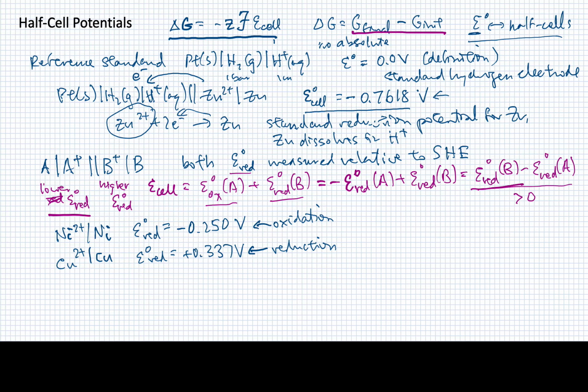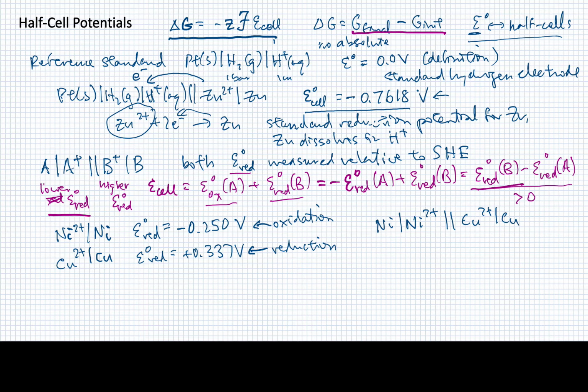So if I want to set up this cell diagram properly, I would set up the oxidation on the left-hand side, which means I would have nickel, then nickel 2+, salt bridge, copper 2+, and copper.